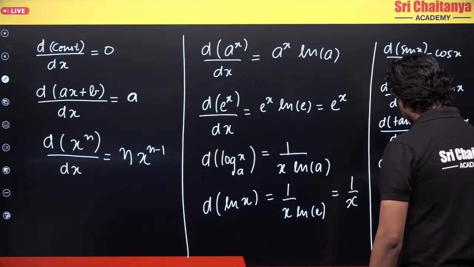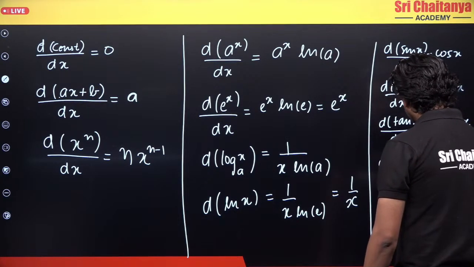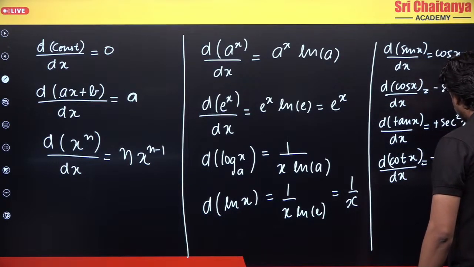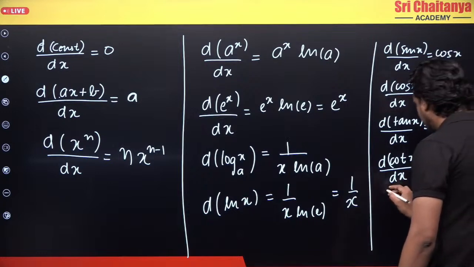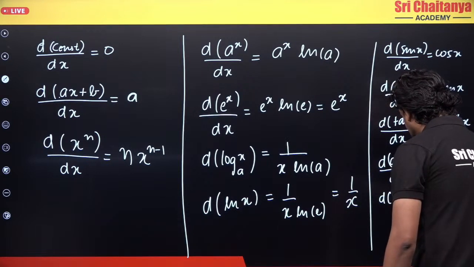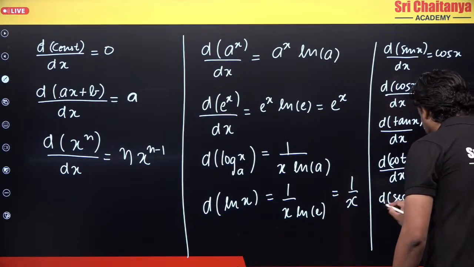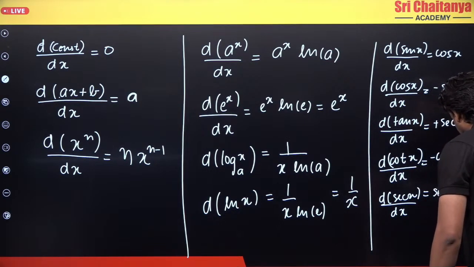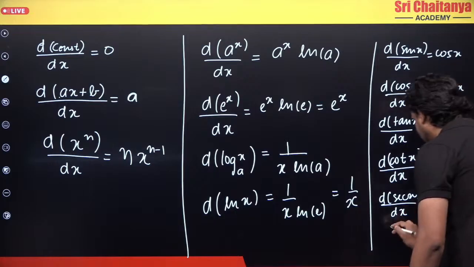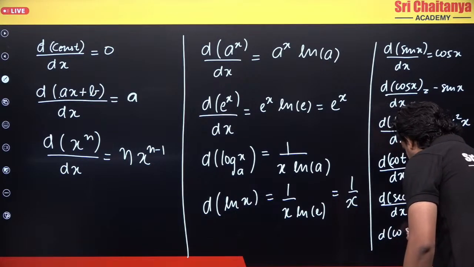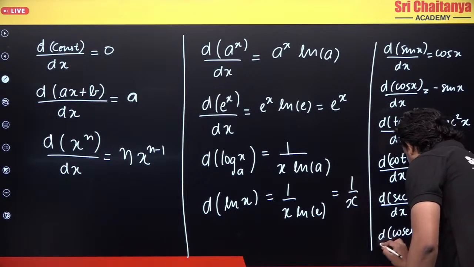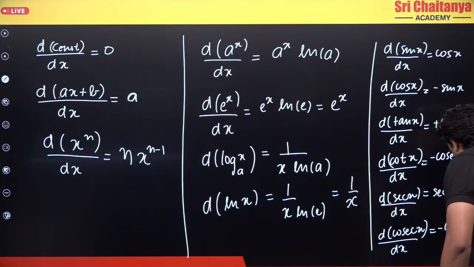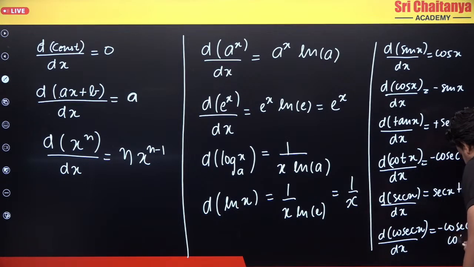Differentiation of cot x is minus cosec square x. Differentiation of sec x is sec x tan x, and finally differentiation of cosec x is minus cosec x cot x.